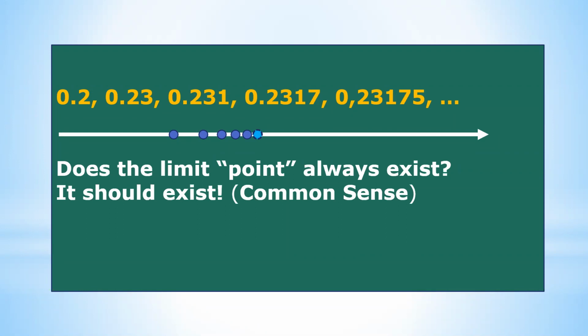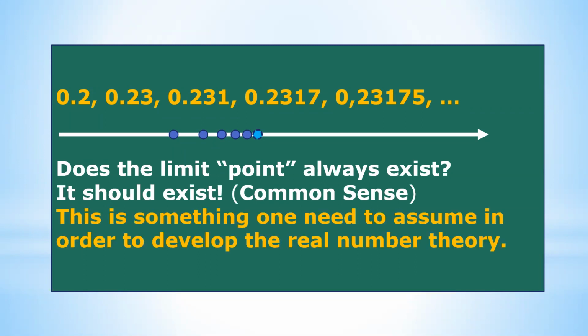So we come to a point where we have touched the very fundamental issue with number theory. Things which cannot be justified, you have to make as an assumption. So basically we have to assume that those limit points always exist.